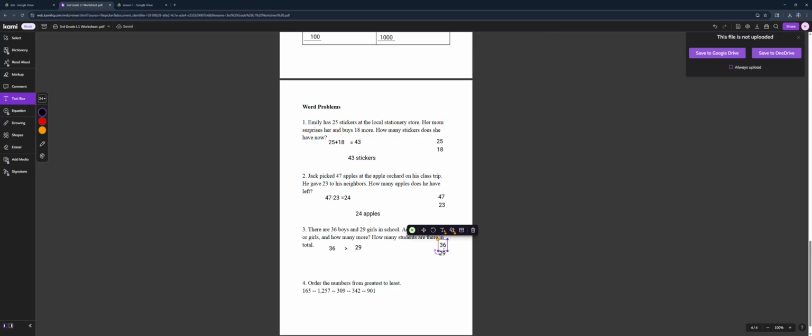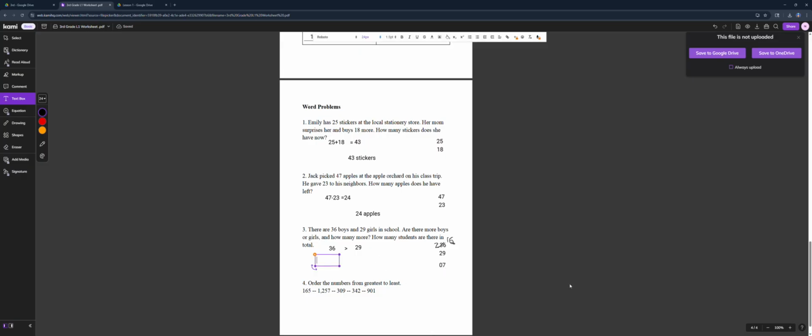But we can't do 6 minus 9, so you would borrow a 1 from the 3, so it becomes 2, and the 6 becomes 16, because you're putting that 1 in front of it. So then you would have 2 minus 2, which is 0, and then 16 minus 9, which becomes 7.